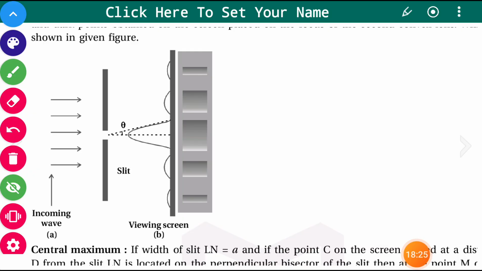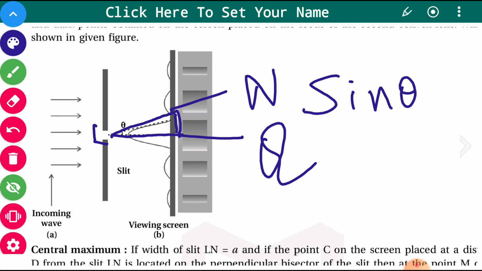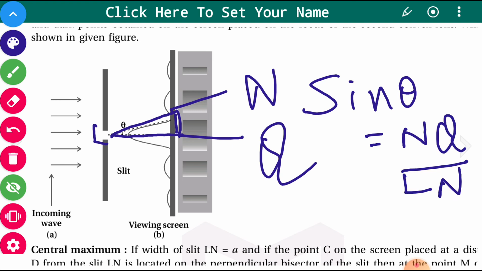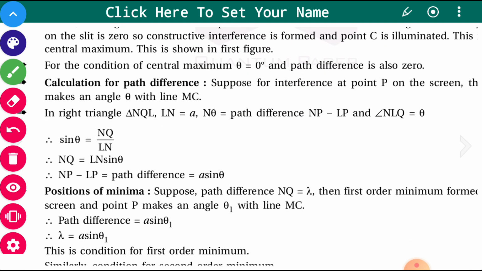If you try to understand this figure, this triangle is taken, this point is N, this point is Q, and this point is L. Now sin theta will be equal to NQ upon LN, so NQ will be equal to a sin theta, which is explained here.